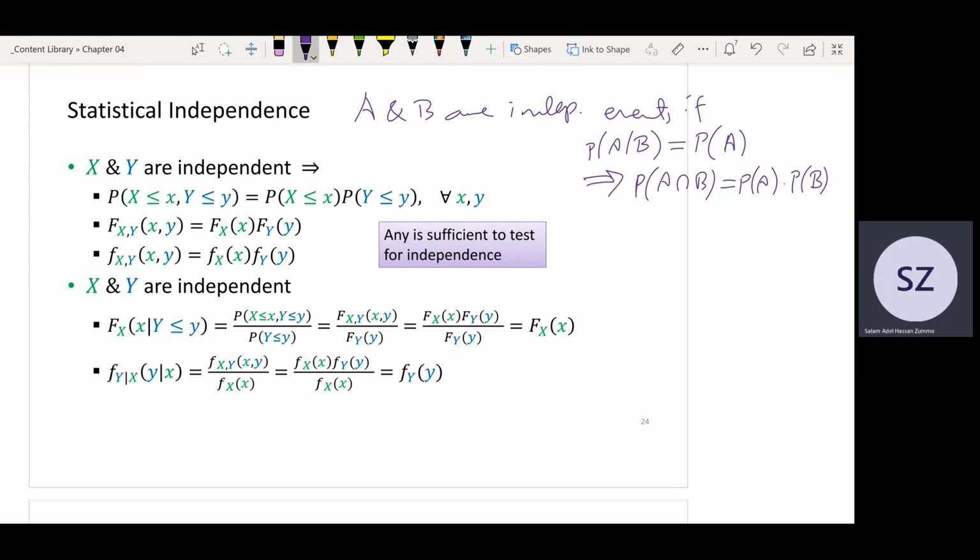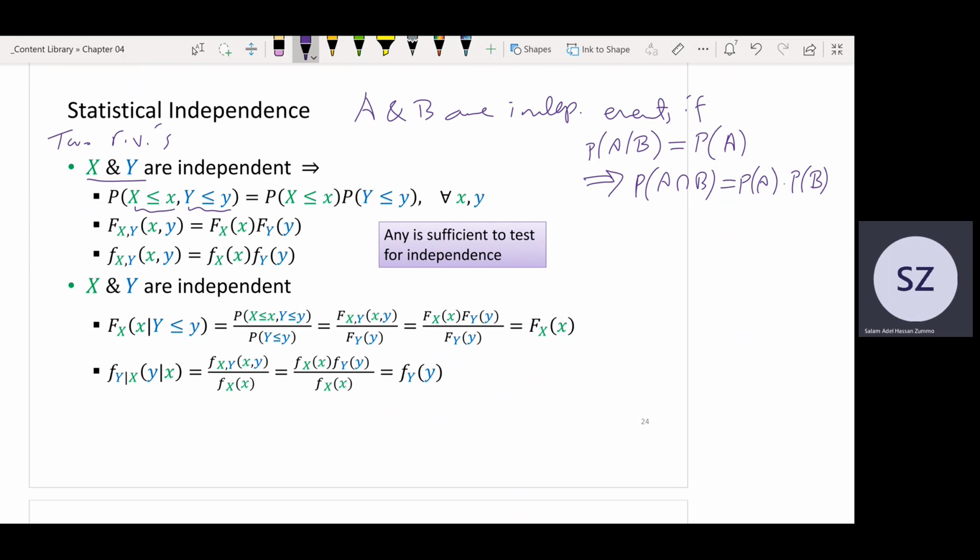We say that two random variables X and Y are independent if, similar to A and B, here A will be the event that X is this number, and B will be the event that Y is this number.